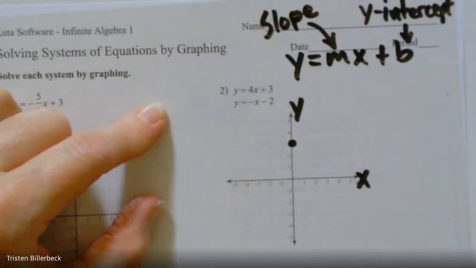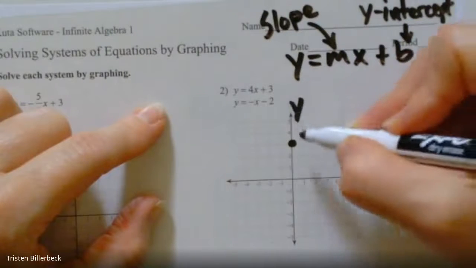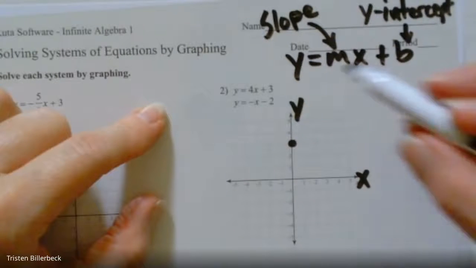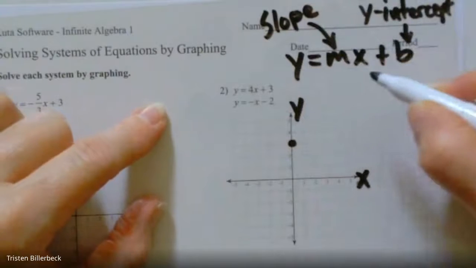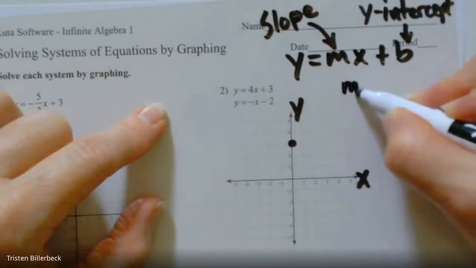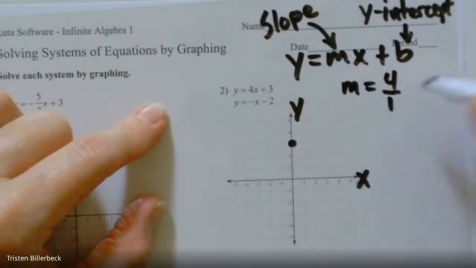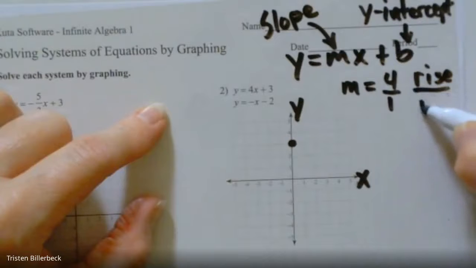The ball lands into the football player's arms and intercepts. So the line lands on the y-axis, and that's called the y-intercept. So this 4 is the slope. So m is 4, and when it doesn't have a fraction, we just put a 1, which means it rises 4 and it runs 1.